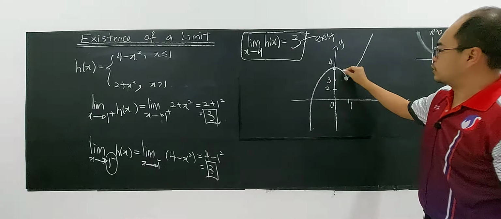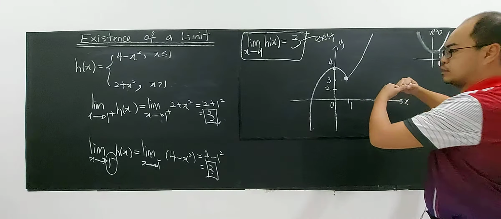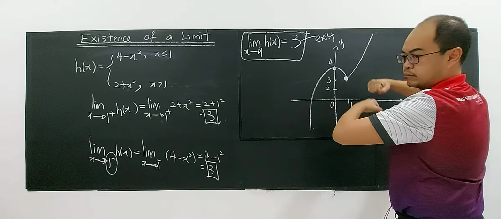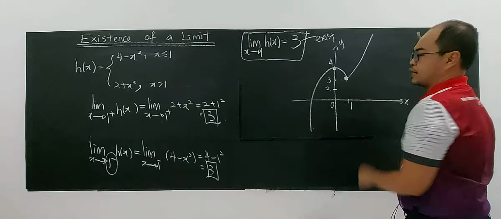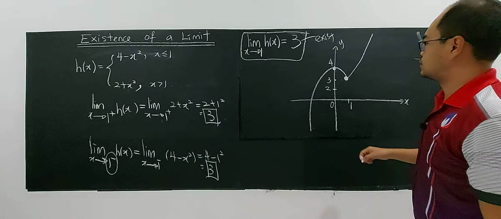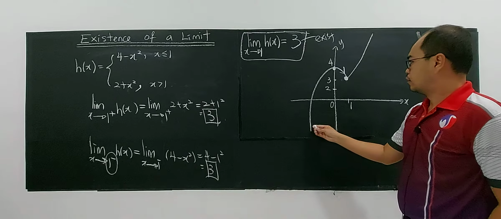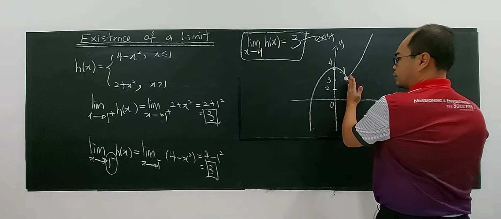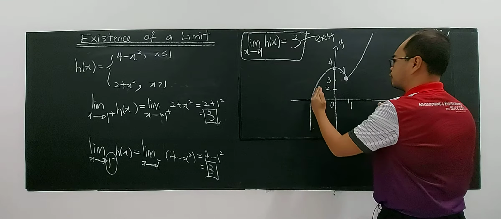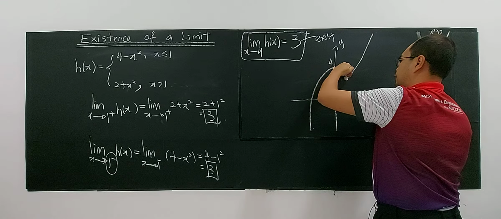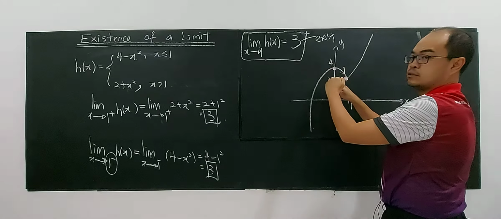If you look at this graph here, the graph is not broken. It's not broken. So it means that the limit exists here. From the left and right at 1, approaching from the left, you're reaching the value 3, right?